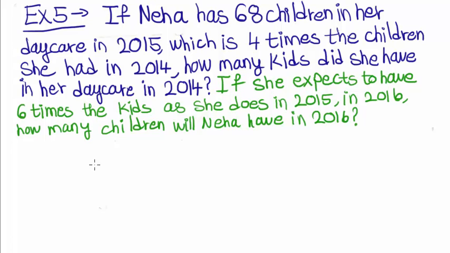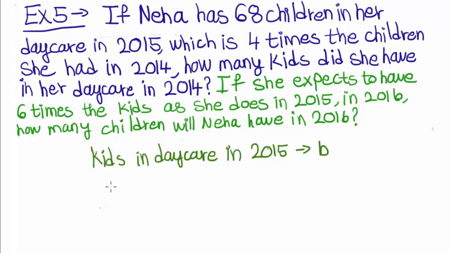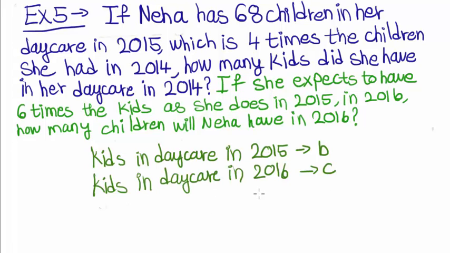So similarly, I'm going to write the number of kids in Neha's daycare in 2015 by the variable B. And I'm going to denote the number of kids that Neha has in her daycare in 2016 by the variable C. So an equation that relates the number of kids in daycare in 2015 with the number of kids in daycare in 2016 can be written as follows. C equals 6B tells me that in 2016 the daycare is expected to have 6 times the number of kids as it does in the year 2015.